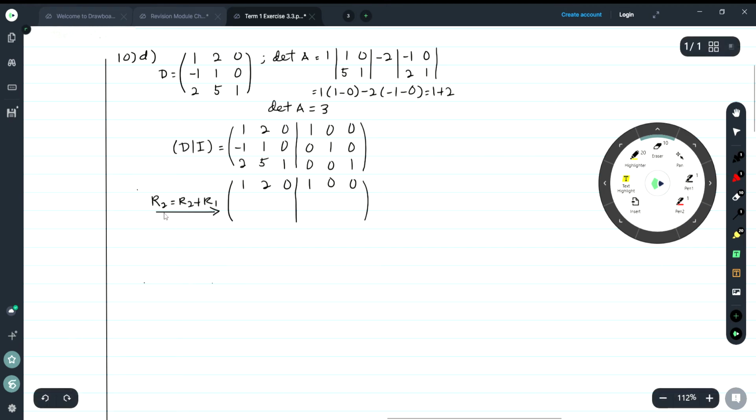Okay, we draw an arrow. Then the formula for the new row 2 will be R2 plus R1. Why R2 plus R1? It's because we want to convert this item into 0. So minus 1 plus 1 is 0.